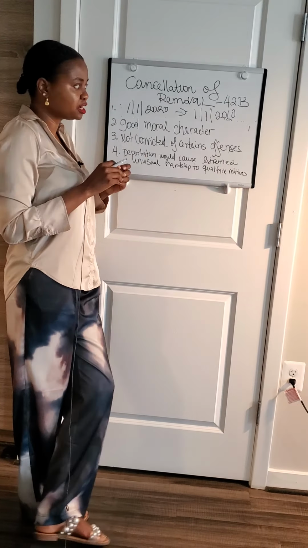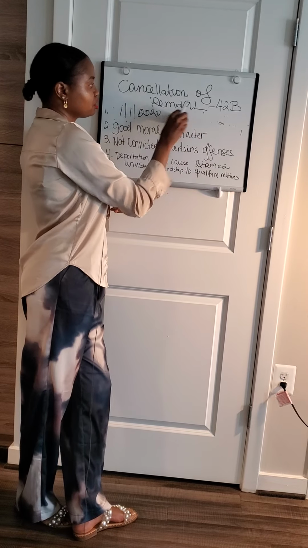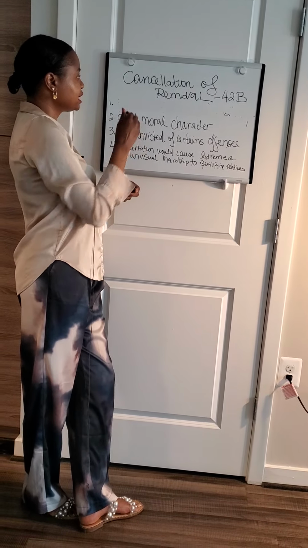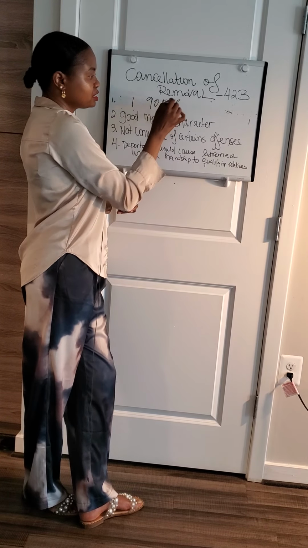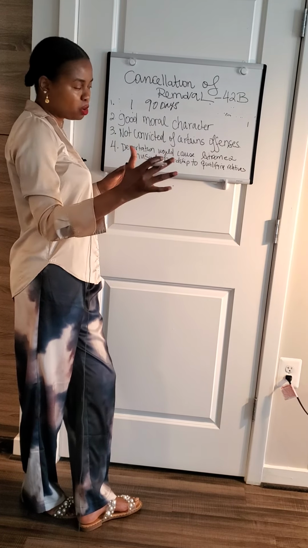And if you left the country, how do you know that you did not break physical continuous presence? If you left the country only one time within 90 days, then you did not break the physical continuous presence requirement.